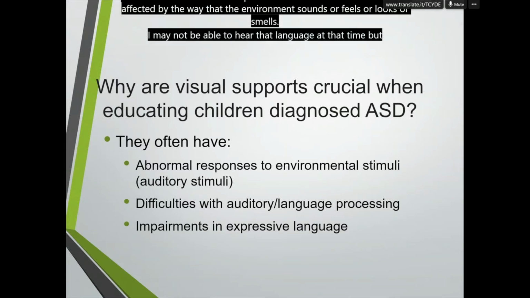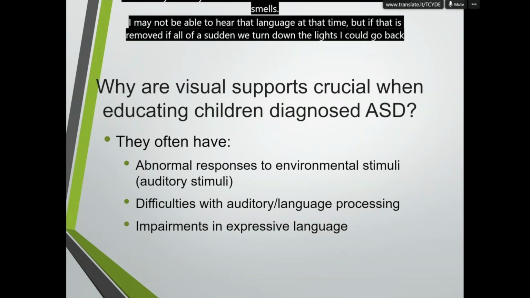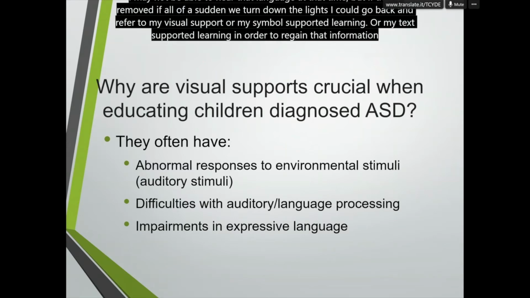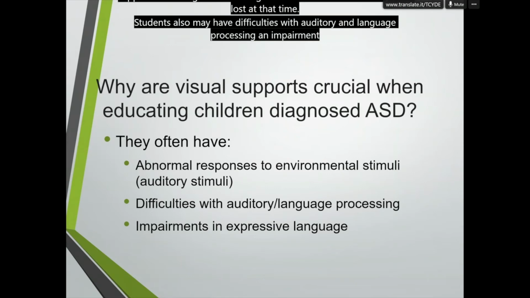But if that is removed, if all of a sudden we turn down the lights, I could go back and refer to my visual support or my symbol supported learning or my text supported learning in order to regain that information that I may have lost at that time. Students also may have difficulties with auditory and language processing and impairments in expressive or receptive language.